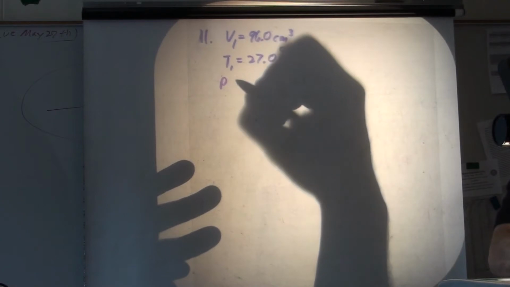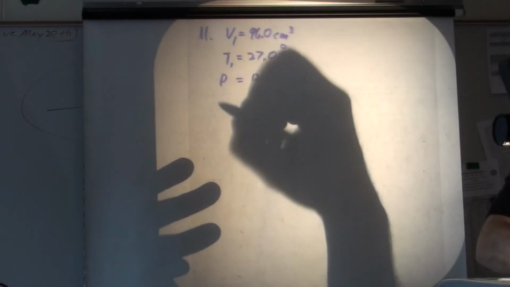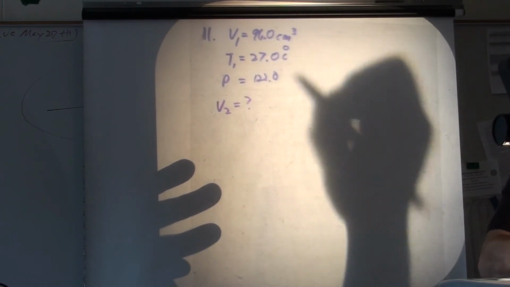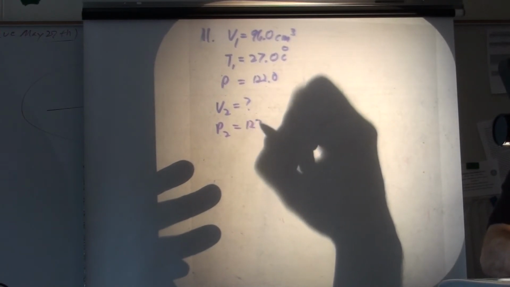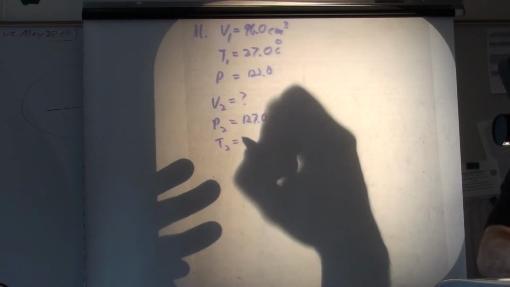The pressure is 122. We want to know what the dry gas would occupy at a new pressure of 107 and a new temperature of 70 Celsius.